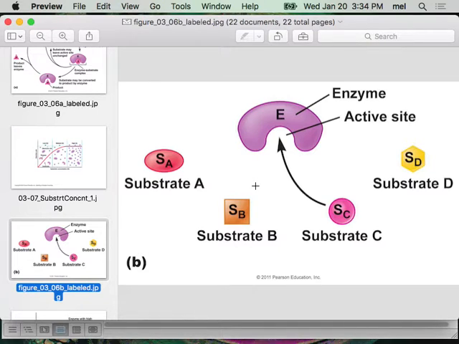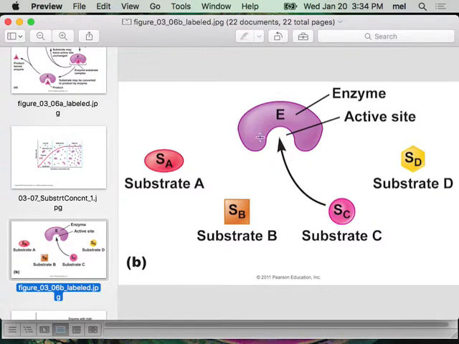And so maybe you have your favorite substrate right here, and that one fits very quickly and very well. And so you're going to get a very fast response when the substrate fits the enzyme really well. But in a pinch, in the absence of substrate C, maybe substrate A would work, but would it work as quickly or as readily?